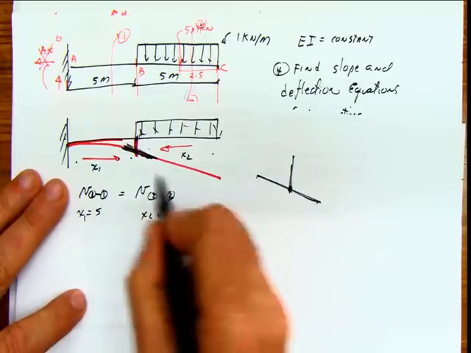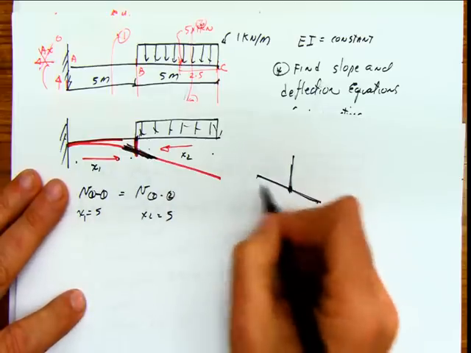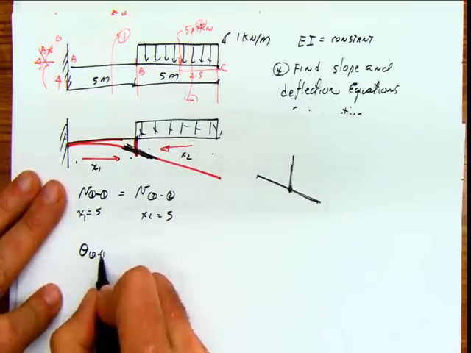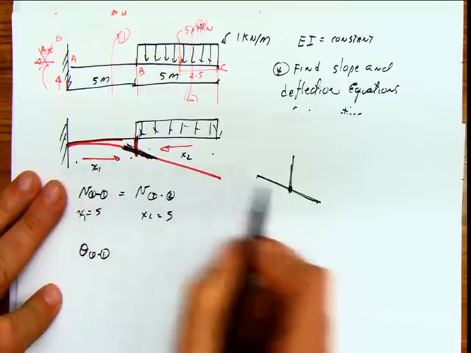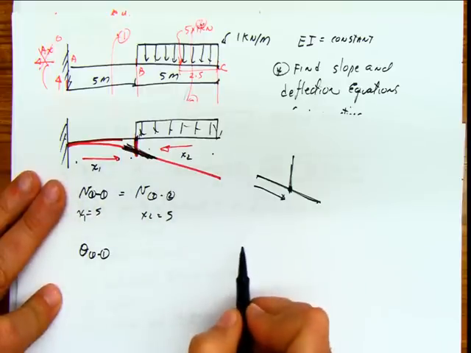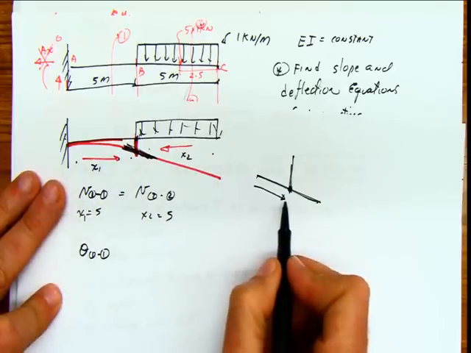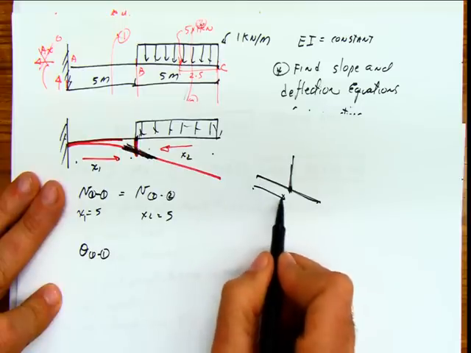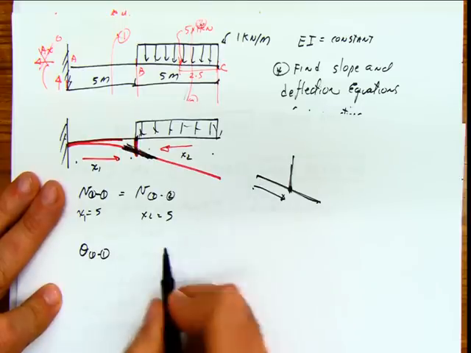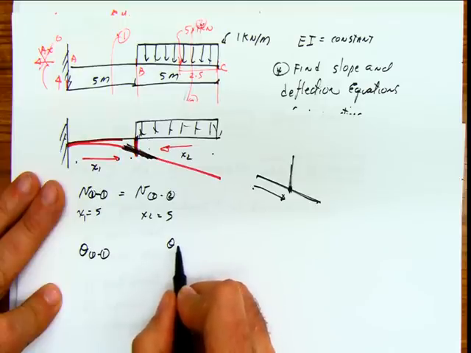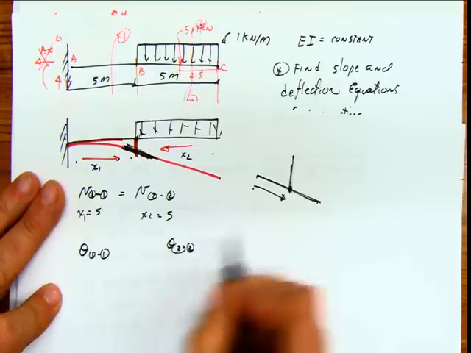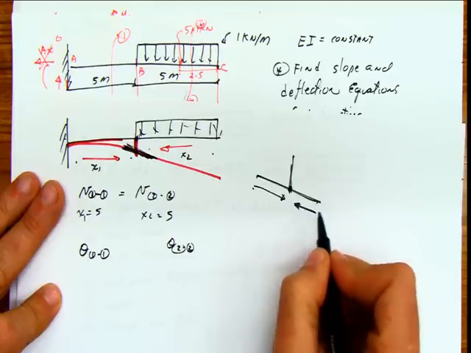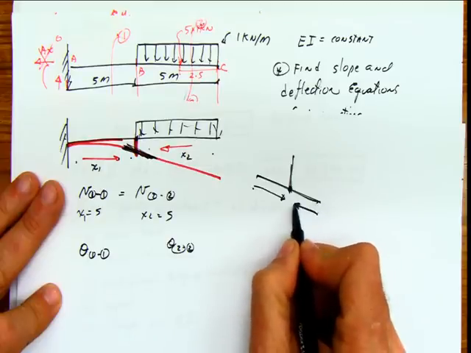If I see the part 1-1 for the slope in the first part, my x is measured in this way. That means this is going to be my slope, and this is a negative slope, because I'm looking at this slope from this end to this end. However, if I look at my slope from 2-2, the numerical value is the same, but now I'm looking at this slope from this end, and that's going to be a positive slope.